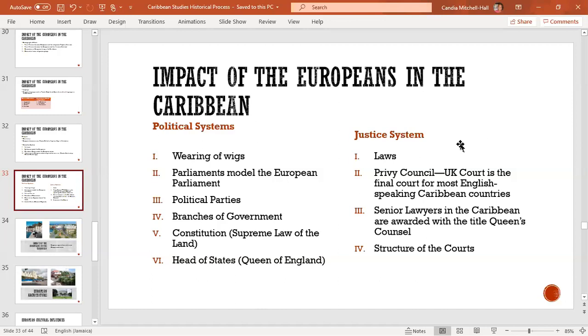Our justice system is very much European. Our laws are very Eurocentric. Our court system is very Eurocentric. We have the Privy Council, which in Jamaica and some other Caribbean countries like St. Vincent, the Cayman Islands, Grenada, if you have an issue at one of the courts, you can appeal.